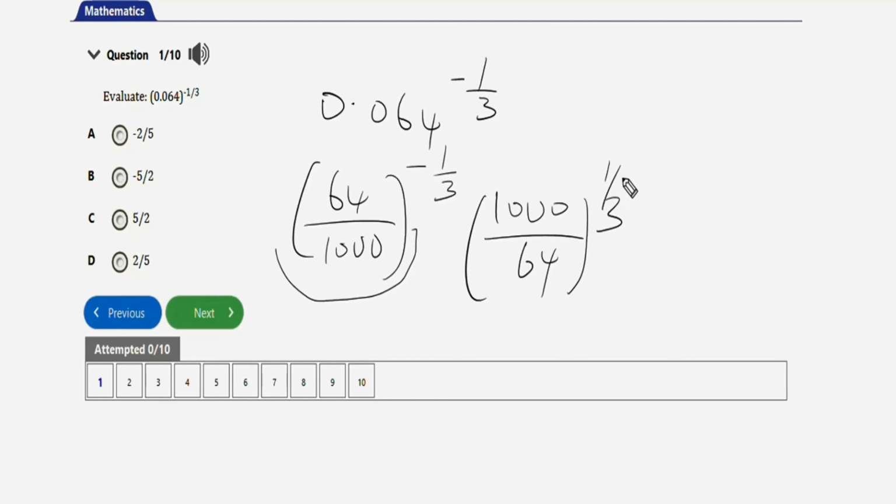Alright, so this power outside, everything inside this bracket will share the power. So you're going to have 1000 to the 1/3 over 64 to the 1/3.